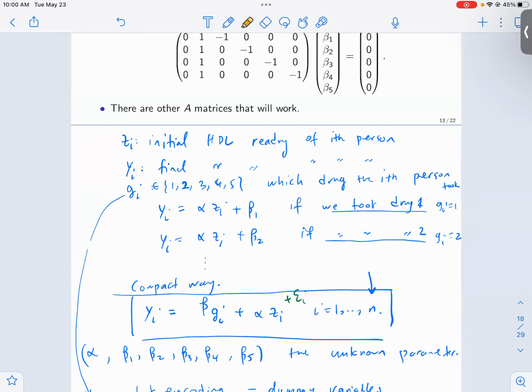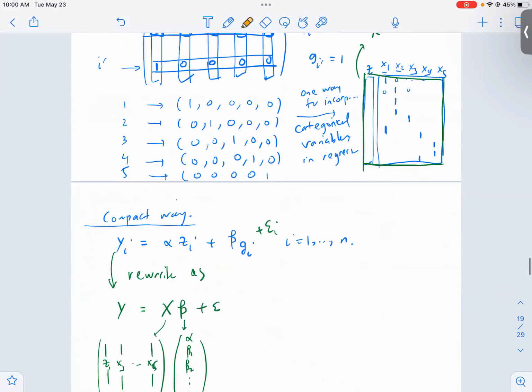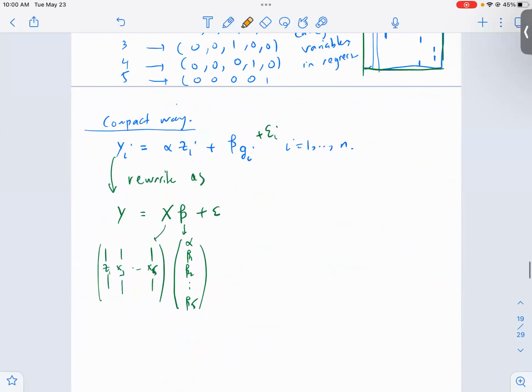Here I'm encoding the variables using a categorical variable. If you encode this using a dummy variable, it's just a different encoding. You can write the model like this, or it's equivalent to saying y is equal to alpha z plus beta 1 x1 up to beta 5 x5.